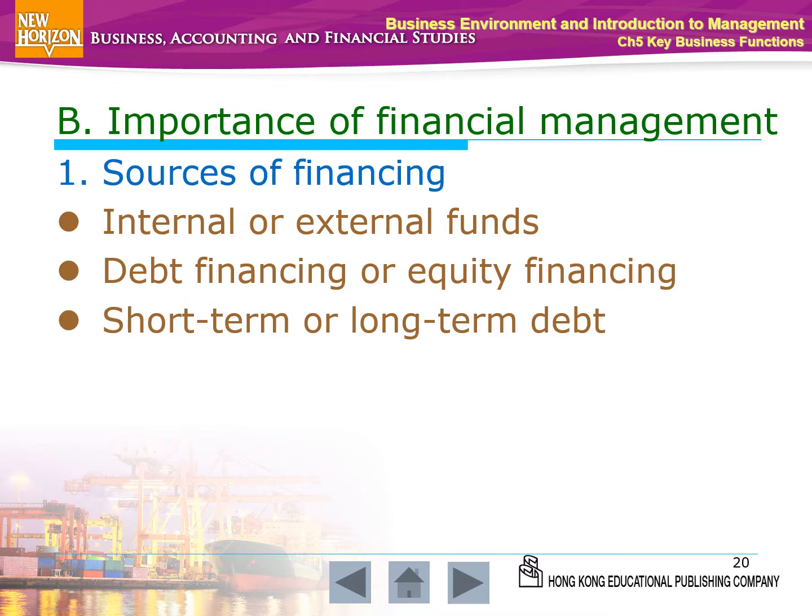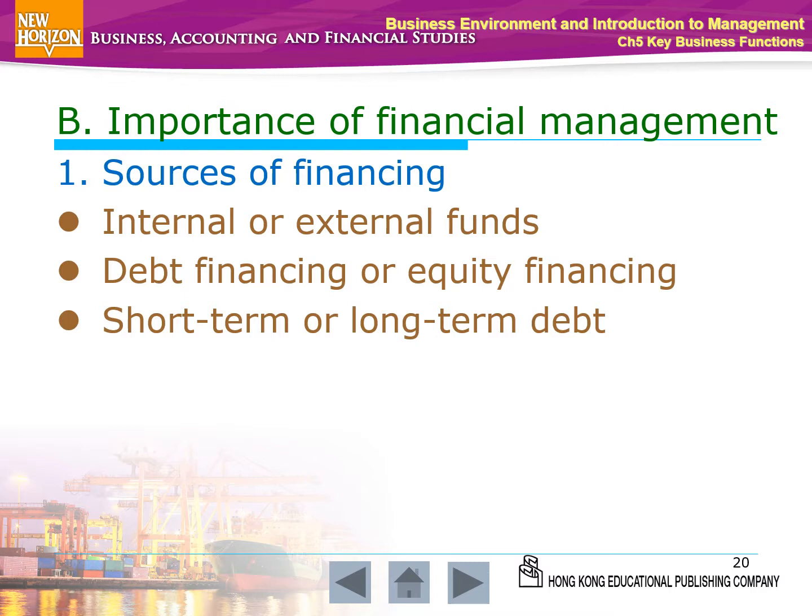Say he or she will use his or her savings to further invest in the business. This is what we call internal funds. And external funds are external to the organization. It usually comes from borrowing from banks or other financial institutions or people.